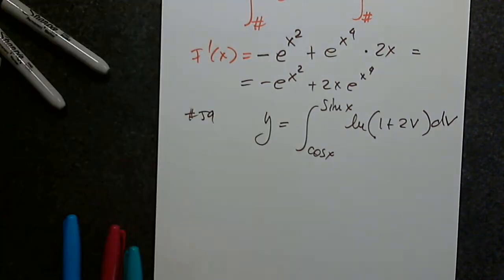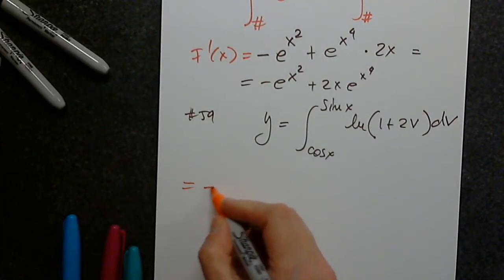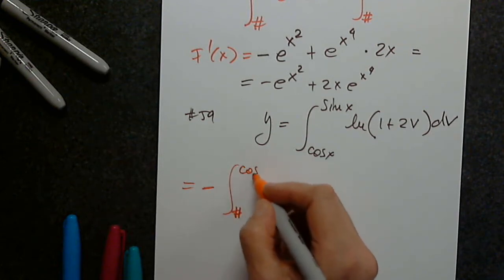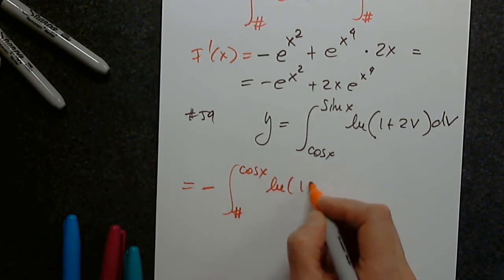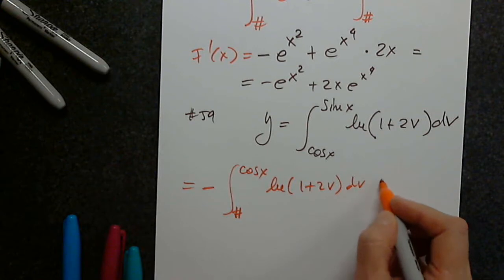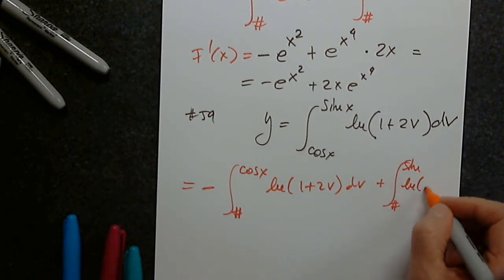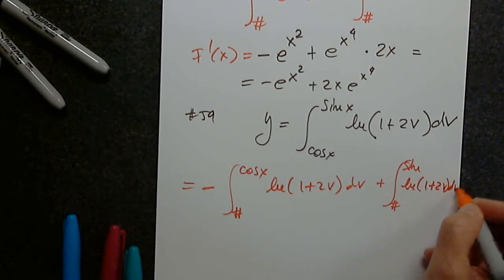So I will have to change it into negative the integral from a number to cosine x of natural log of 1 plus 2v dv, and plus the integral from that number to sine x of natural log of 1 plus 2v dv.